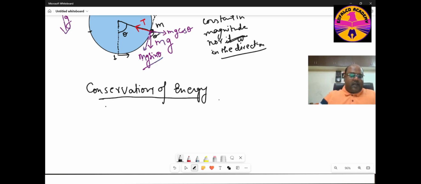If there is a point A and another point B, and a body is placed at point A, its energy is going to be the same. It's not changing. And if there is another body placed at point B, its energy is also going to be the same. Then we can say that for this particular body, the energy is conserved. There is no change of energy.